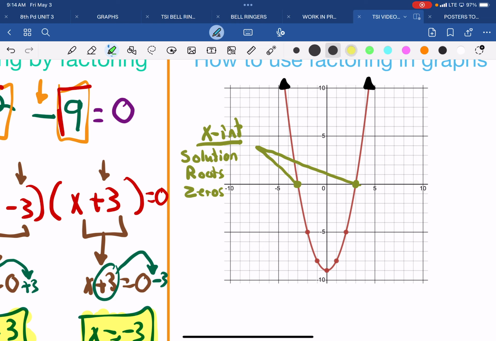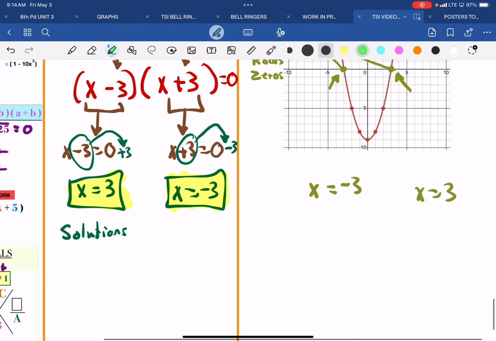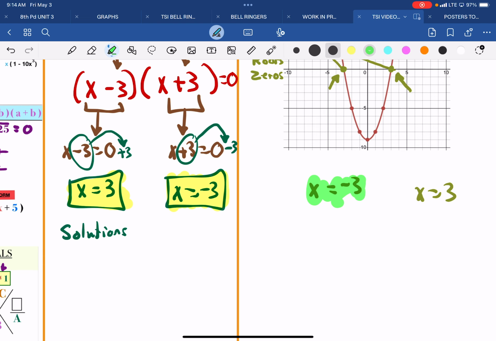We know that x-intercepts, another name is what? Solutions. What are the solutions? x is equal to, this one right here is -3. This one right here is +3. You see that? Aren't these the same solutions?